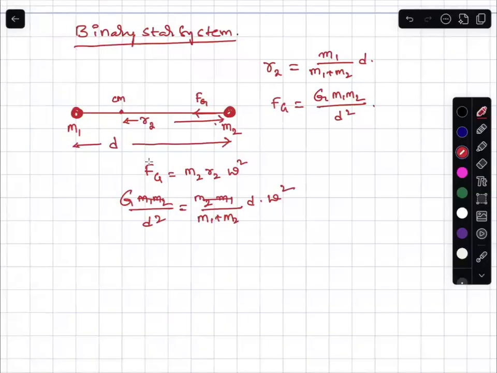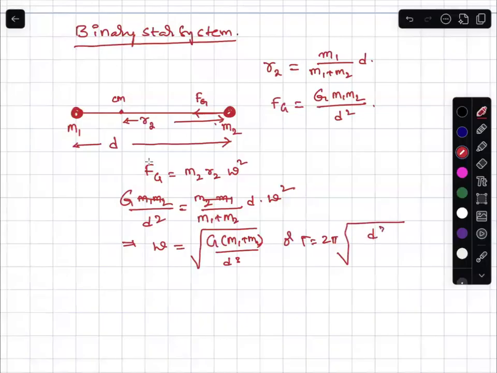Just do cancellation. Implies omega is nothing but root of G times m1 plus m2 by d cube, or time period is nothing but 2 pi root d cube by G times m1 plus m2. That's all you require. So they move with a common time period. This theory is required for you to solve the problem which I'm about to discuss from the previous IIT question.